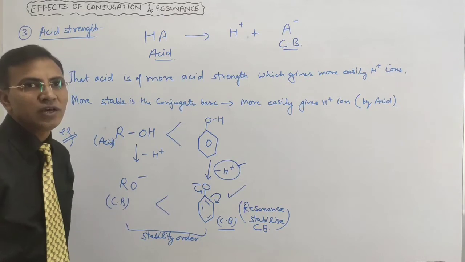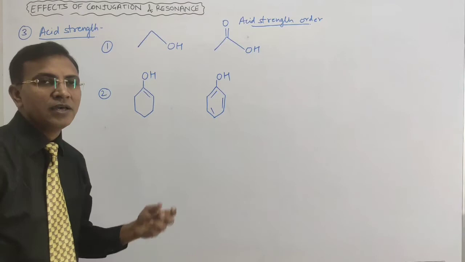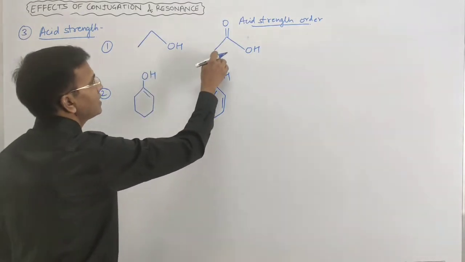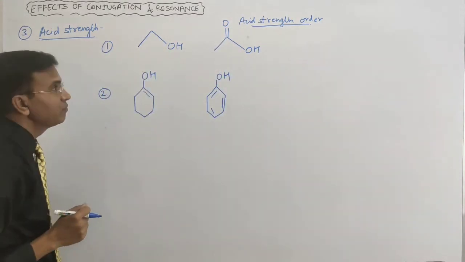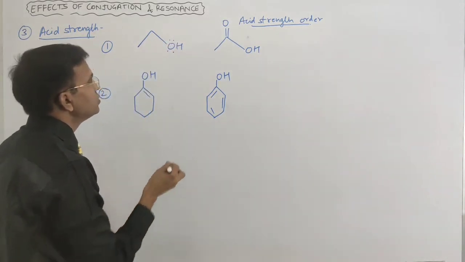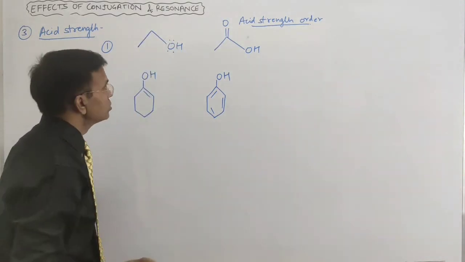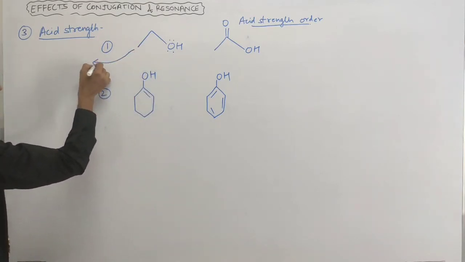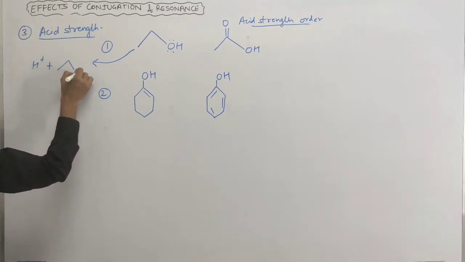Clear? Now next, move to the questions related to the acid strength. So the first question is this species and this species. In these two species, if you see the lone pair of electrons present on the oxygen atom, it is not in conjugation with anything, right? So if this species is going to give the H positive ion, then it will be negative.